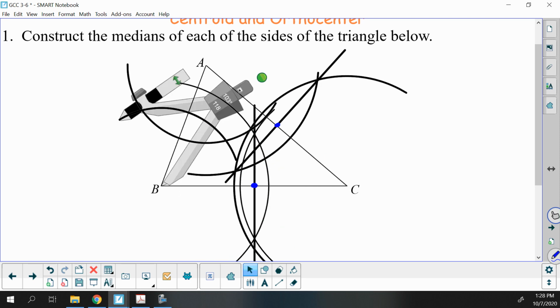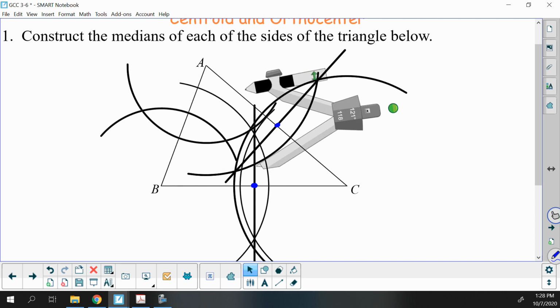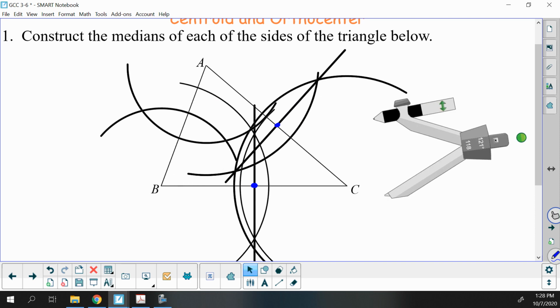Swoop it up, swoop it down, which will give you your 2 intersection points. We'll connect those intersection points. And where that hits AB, that is our midpoint.